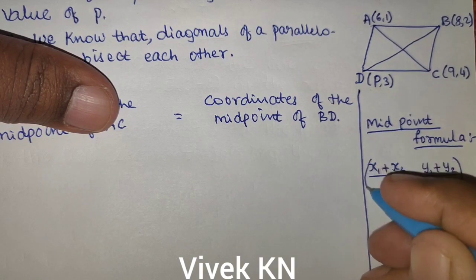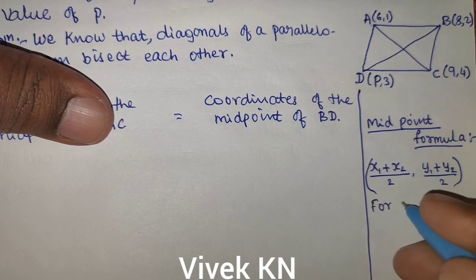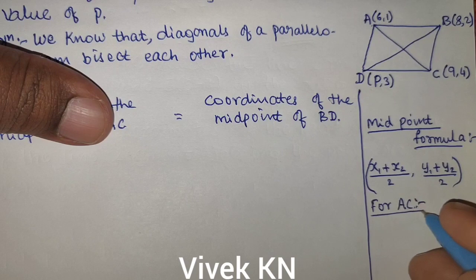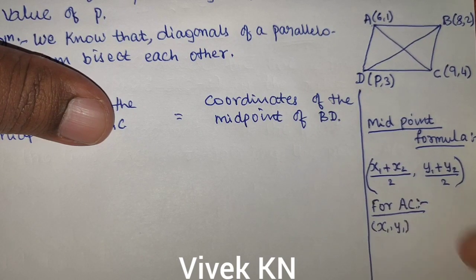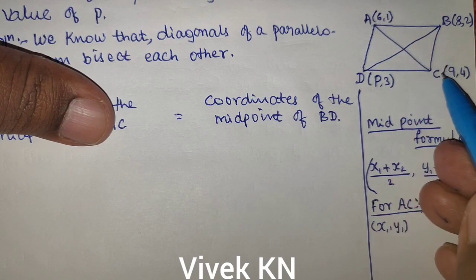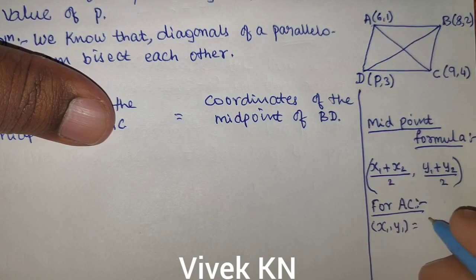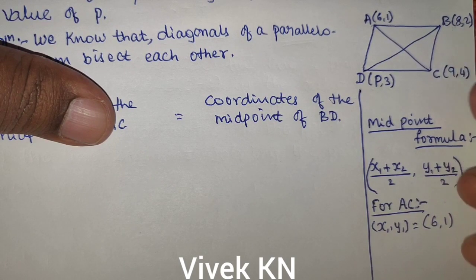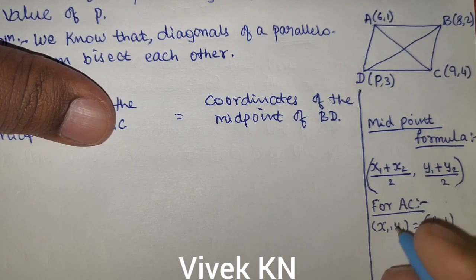This is the midpoint formula. So, for the diagonal AC, x1 y1 is 6 comma 1, and x2 comma y2 is 9 comma 4.